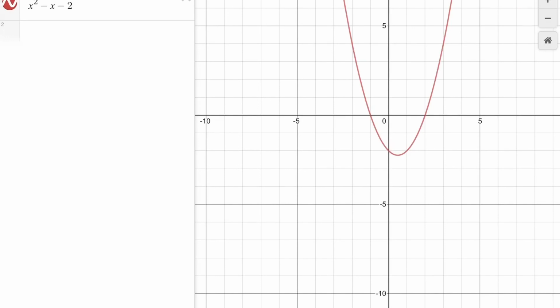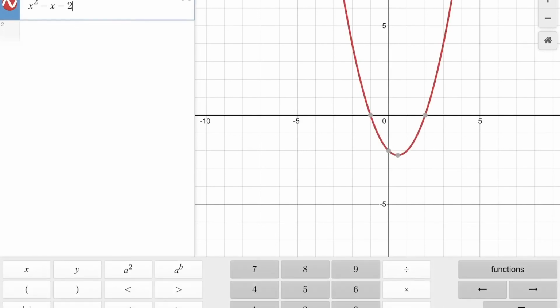All right, as you can see, the y values are underneath the x-axis. But if you choose x values that are bigger than 2 or less than negative 1, I hope you notice that the corresponding y value or the height is going to be positive because it's above the x-axis.